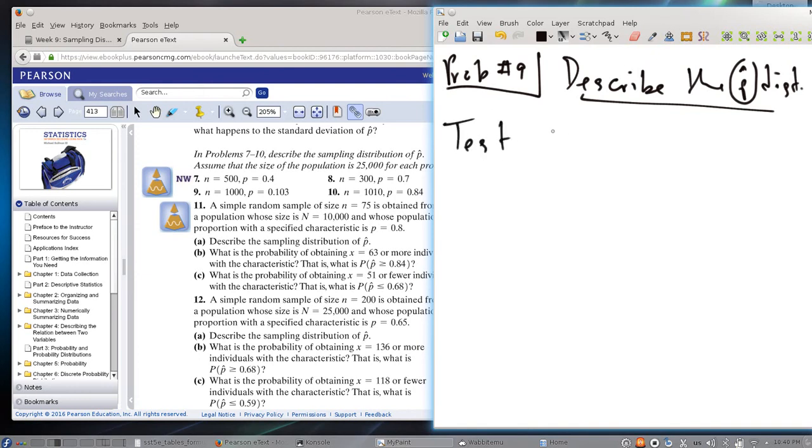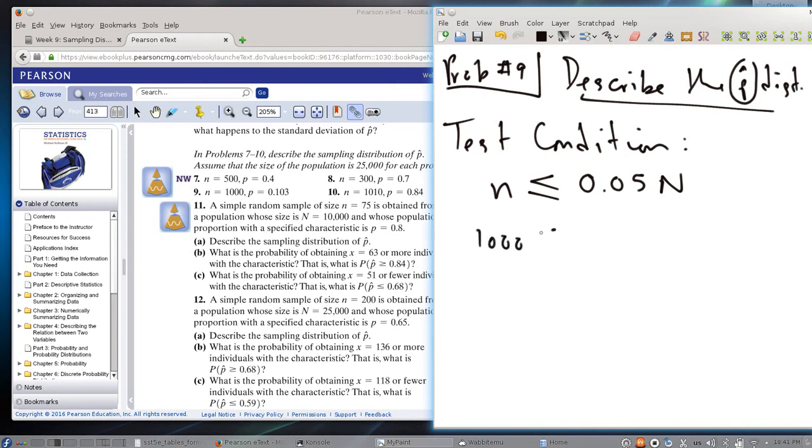Now you can see here the population size is given to us. Therefore, by default, we can apply the first test condition, and that is lowercase n must be at most 5% of the entire population. So here for number 9, we have n equals 1000, and we want to make sure that it is less than or equal to 5% of the entire population.